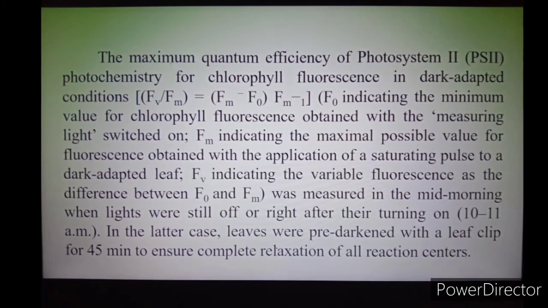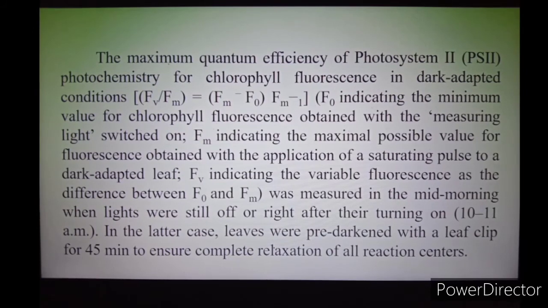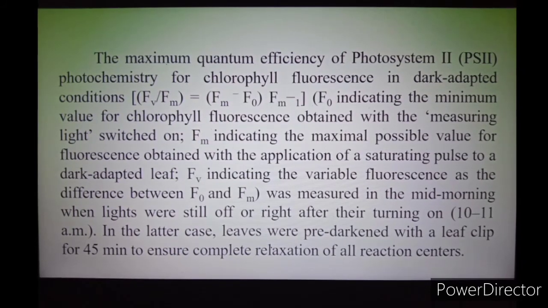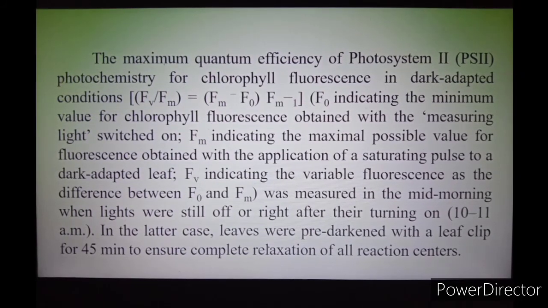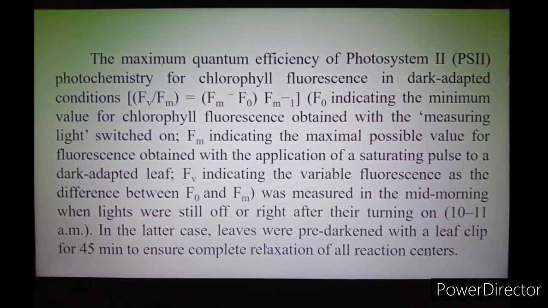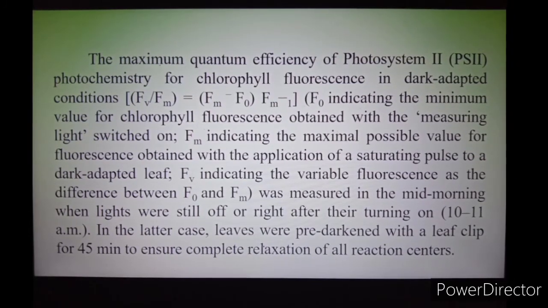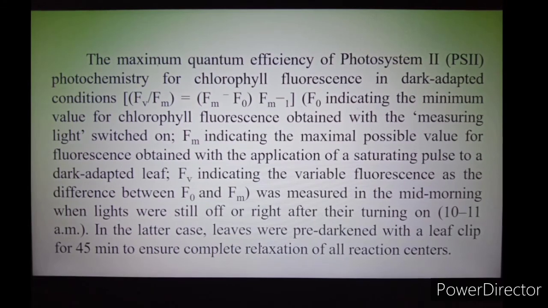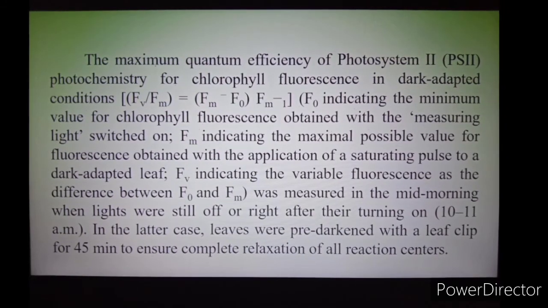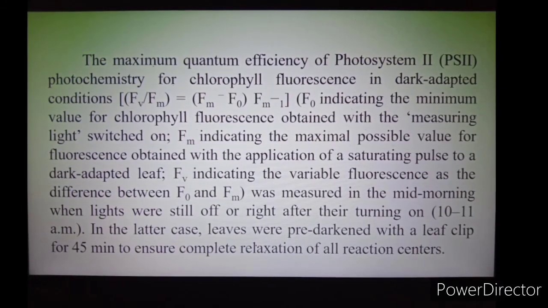F0 is indicating the minimum value of chlorophyll fluorescence obtained with the measuring light switched on. FM indicating the maximal possible value for fluorescence obtained with the application of a saturating pulse to a dark adapted leaf.